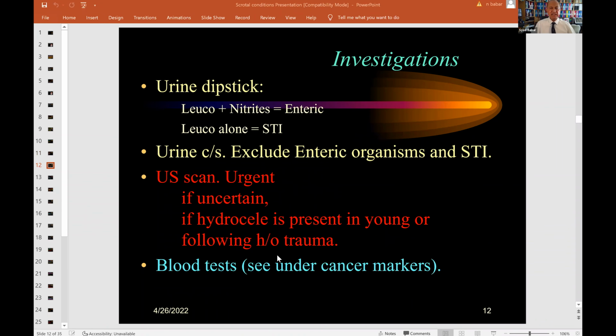So how would we investigate epididymo-orchitis? Urine dipstick, culture and sensitivity tests to exclude enteric organisms and also to confirm STI under the sexual health clinic.